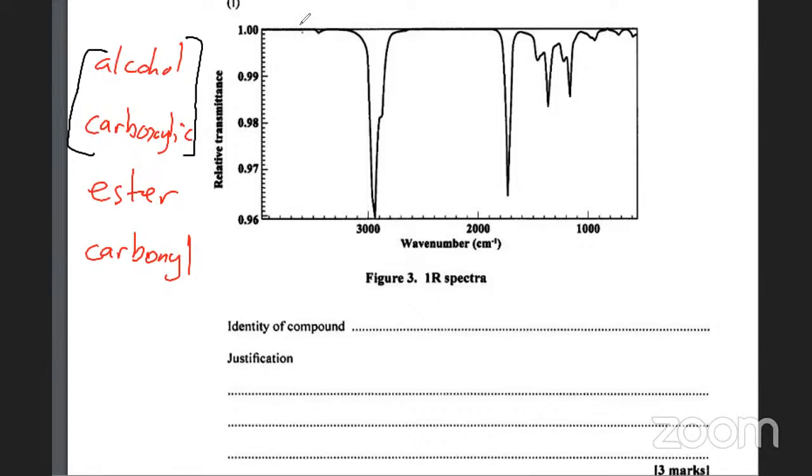If you see a peak, it should be of a reasonable width, something of about this size, that indicates the OH group. Now look at the width of this. It is very narrow, so it's not OH.